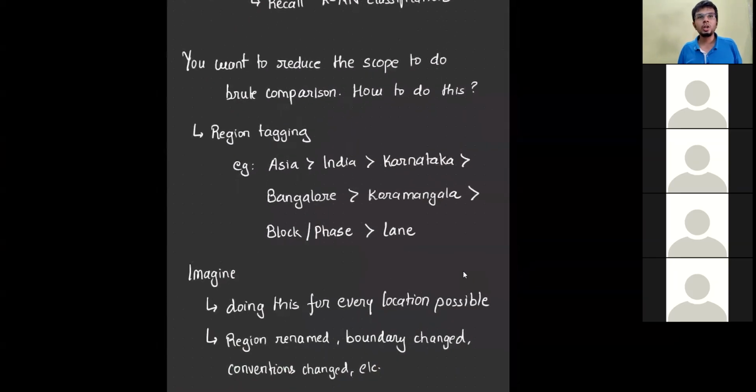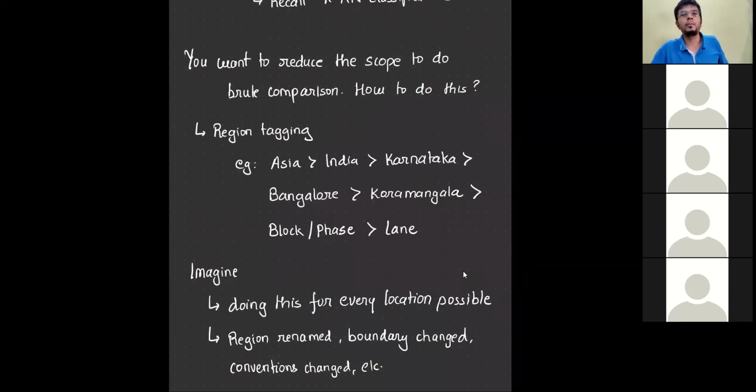Okay, so what do we do? These are some heuristics that we can apply. Instead of comparing with all the people of the world, we reduce the scope for our brute force comparison.